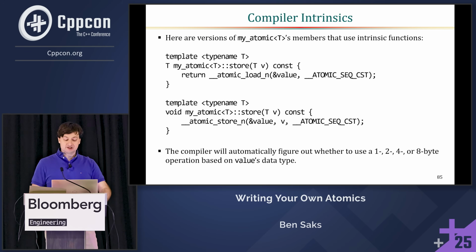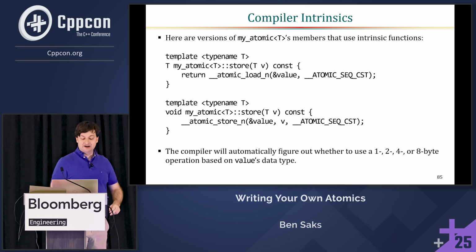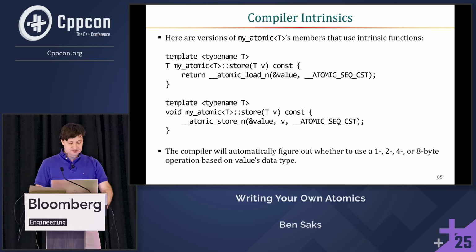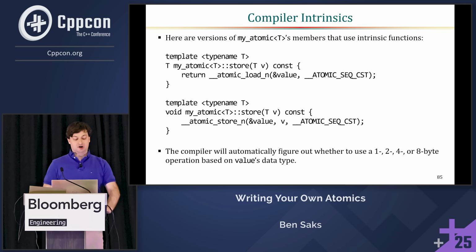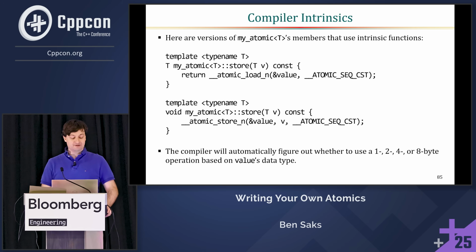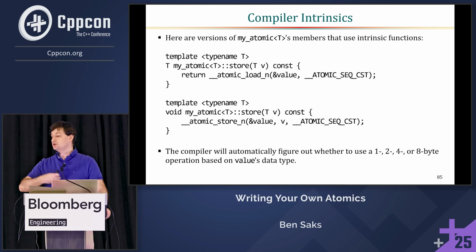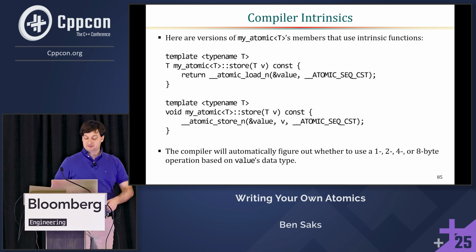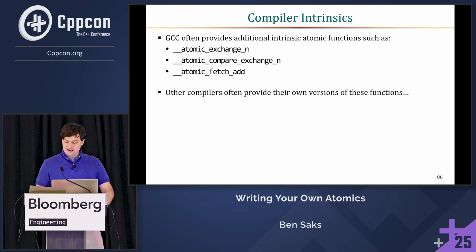So here are some implementations of the myatomic functions using these intrinsic functions. And the compiler figures out, based on what type the value is, whether it's doing a 1-byte write or a 2-byte read or a 4-byte operation, etc. There are a whole bunch of intrinsic functions like these that are available on some platforms.